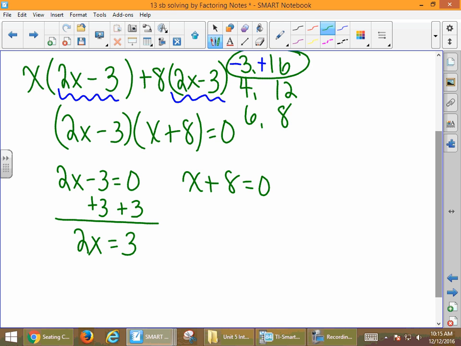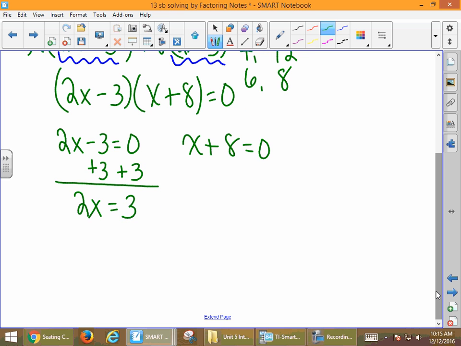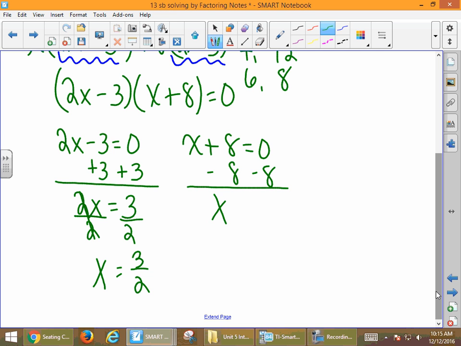And we get 2x equals 3. Divide both sides by 2. Over here, subtract the 8 from both sides. So a good review of factoring, and then we're adding one more step.